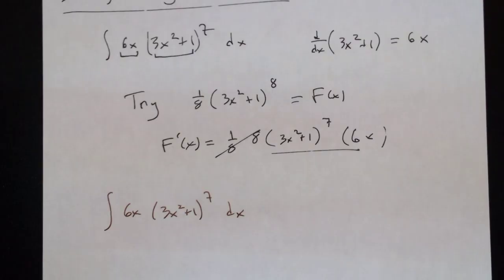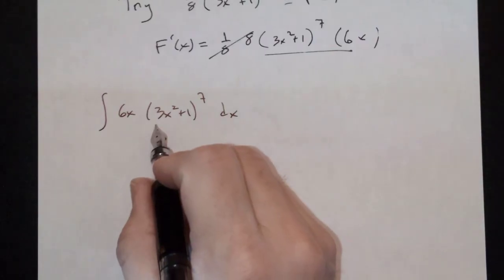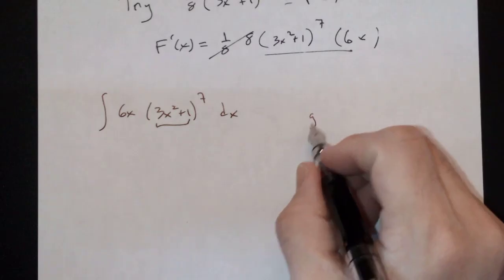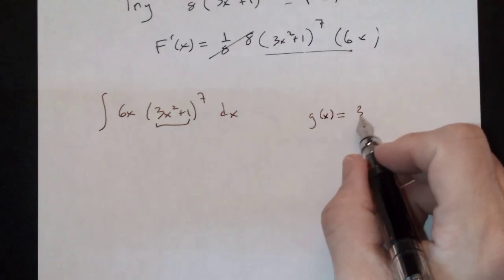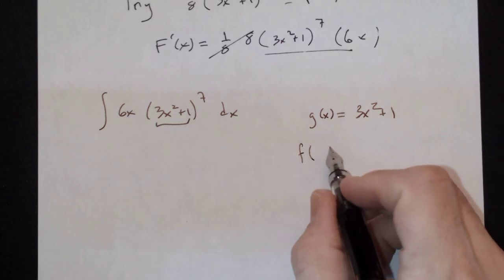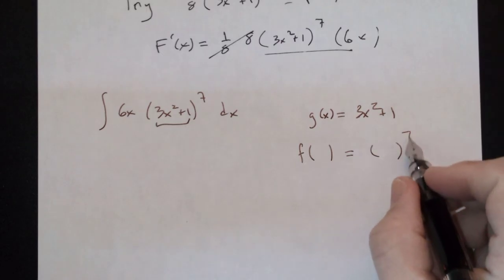We thought of this as a composite function, f of g of x. And then we gave that g of x a letter on its own. So I'm going to consider this piece, the g of x we were working with, and then I can think of f of stuff as stuff to the 7th.